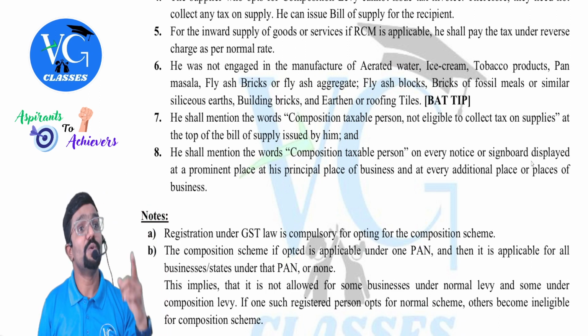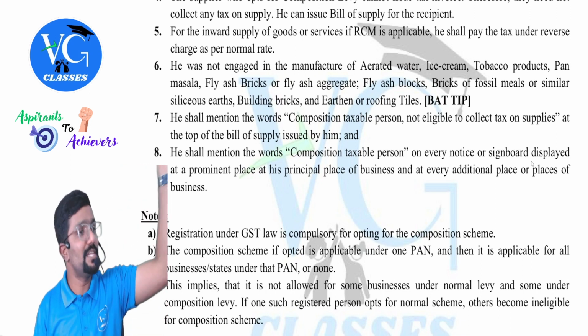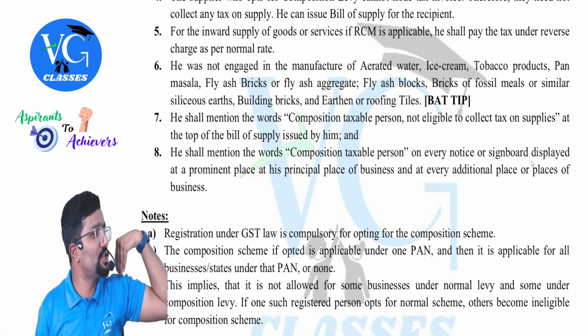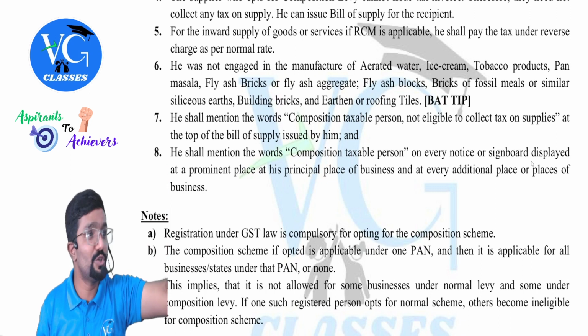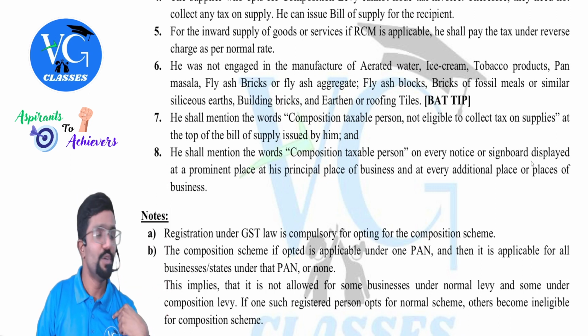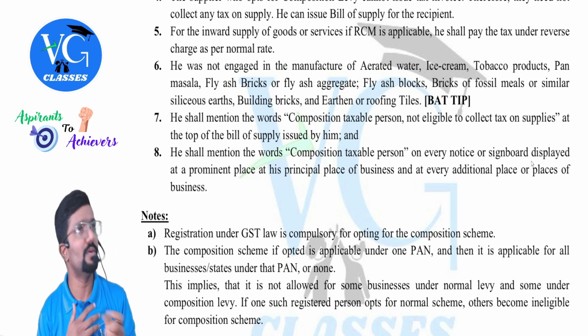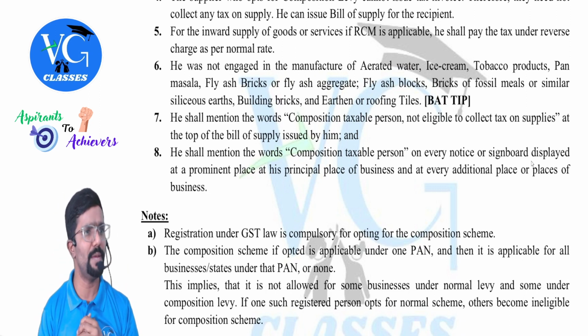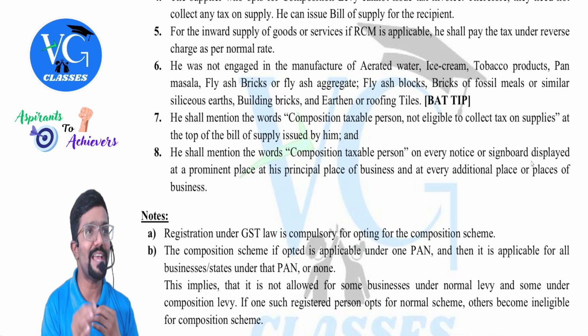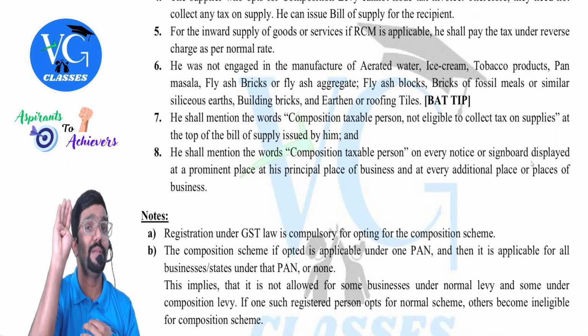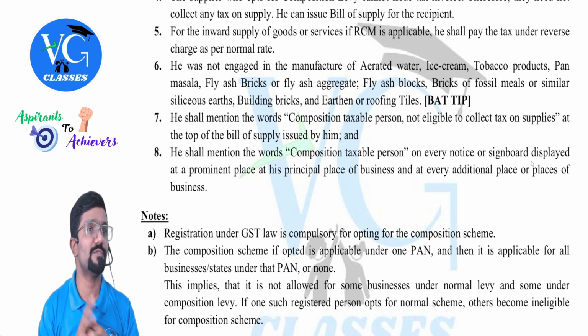Yes. Now you should be aware that if I have displayed in my business place that I am a composition supplier, you should know that you should not pay tax to me. So whenever you go to any business place, you just observe, have they displayed composition scheme or composition supplier? If yes, make sure that in whatever bill they give, GST is not charged to you.